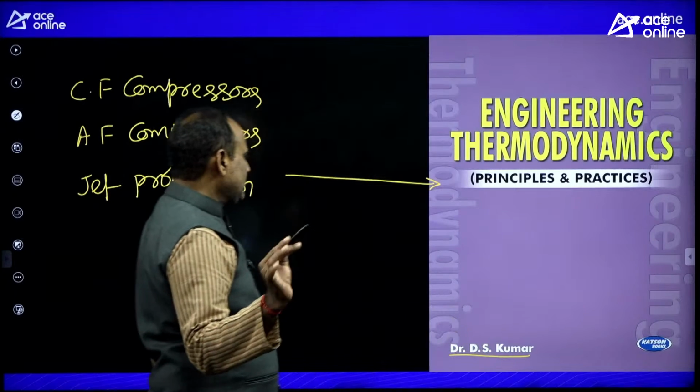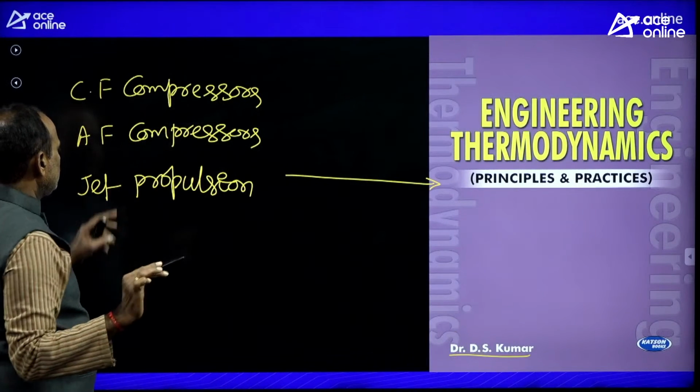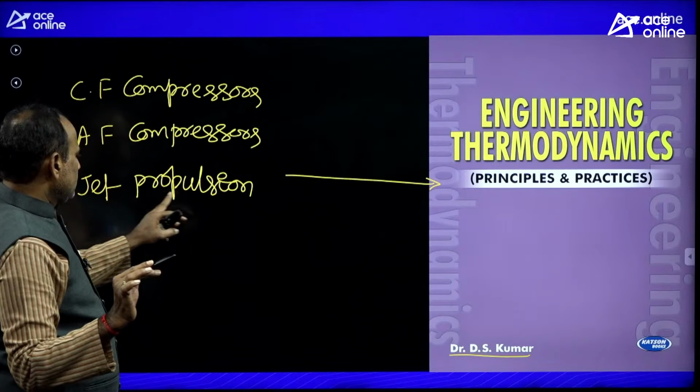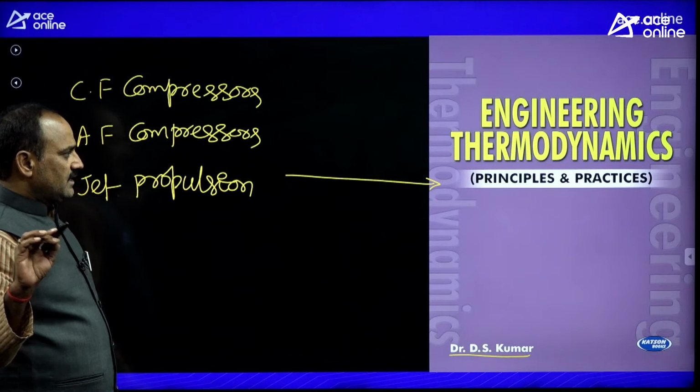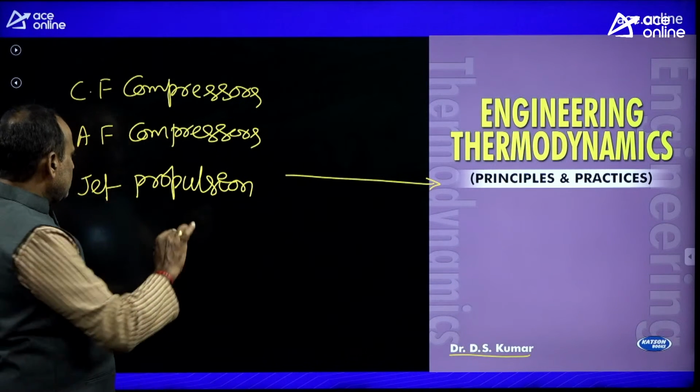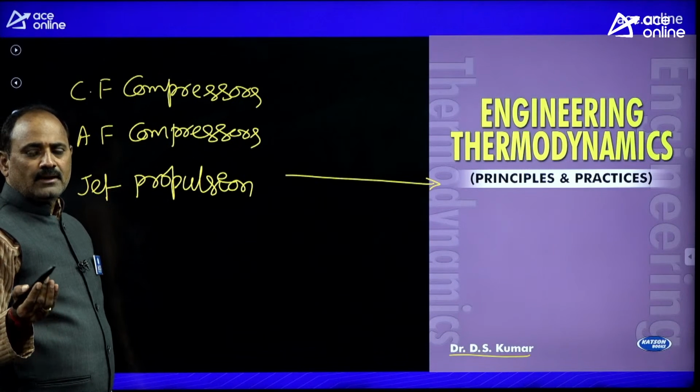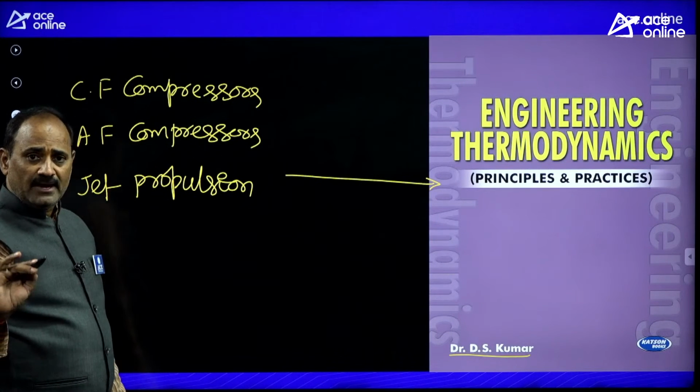You try to practice these three concepts like axial flow compressor, centrifugal flow compressor, jet propulsion system from Engineering Thermodynamics by D.S. Kumar. So these are the topics which are extra for the ESE students under power plant engineering.